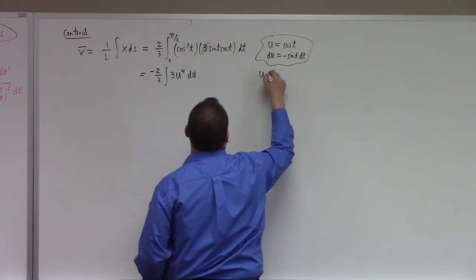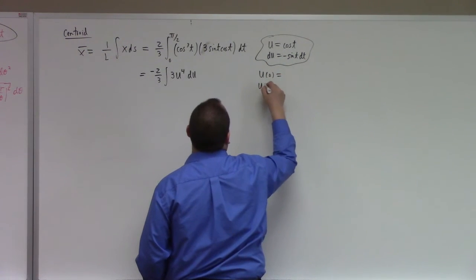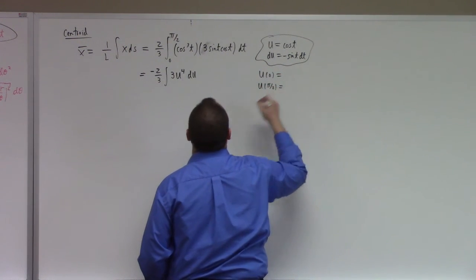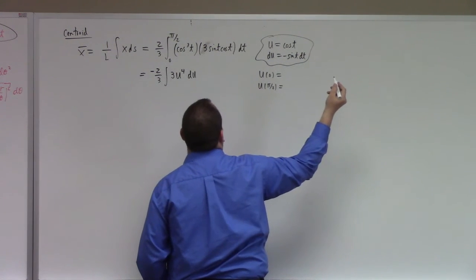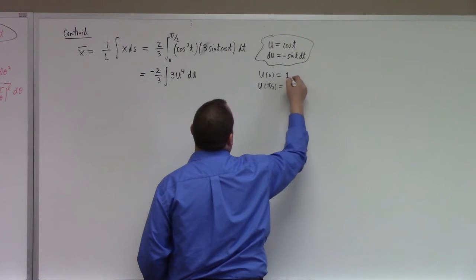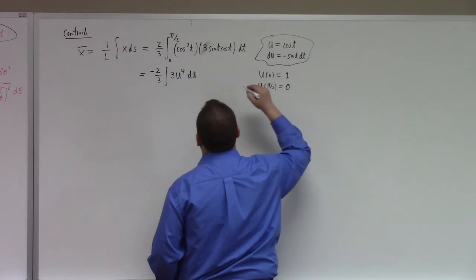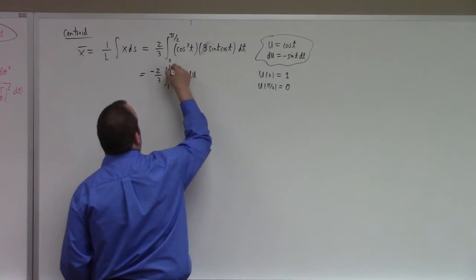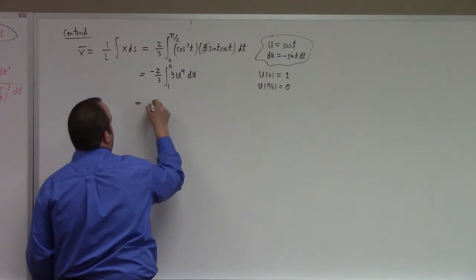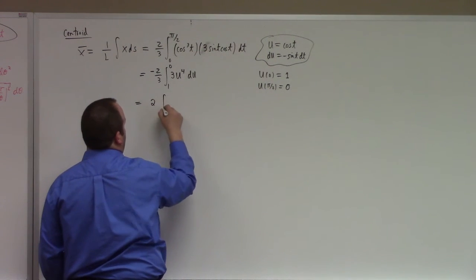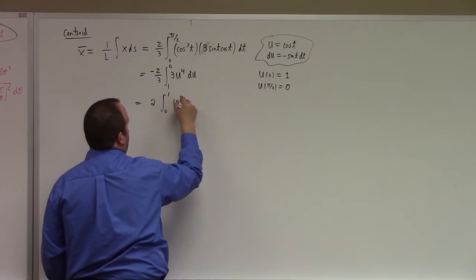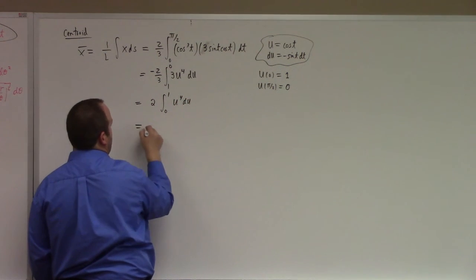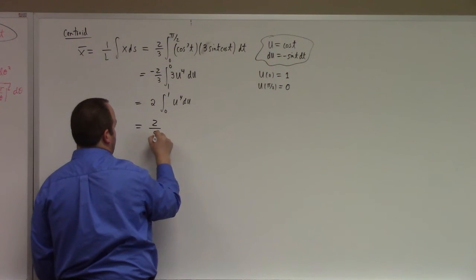Let's see here. u of 0 is 1 this time. u of pi over 2 is 0. So we get 1 to 0. Now, I don't like that, so what I'm going to do is cancel the 3's and flip the order of the bounds to get rid of the minus, and that gives me u to the 4th du. The answer, 2/5.